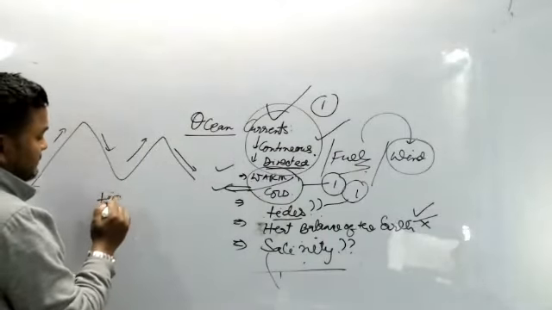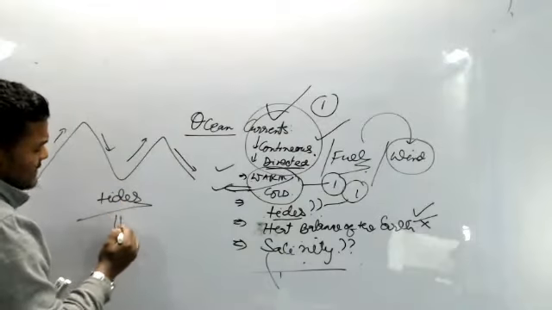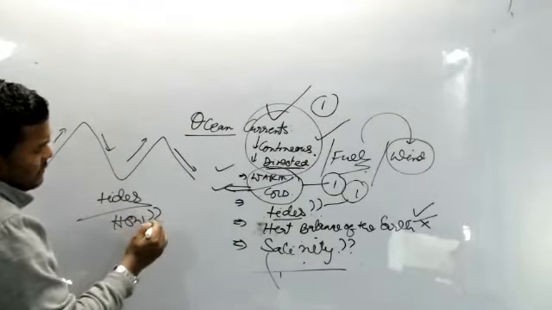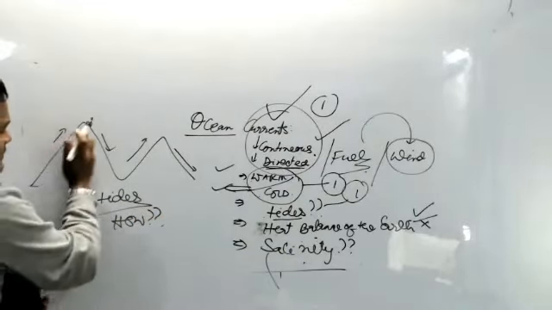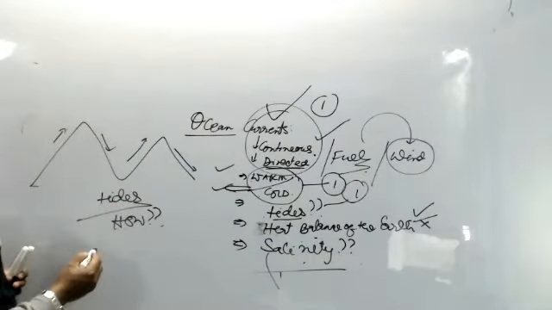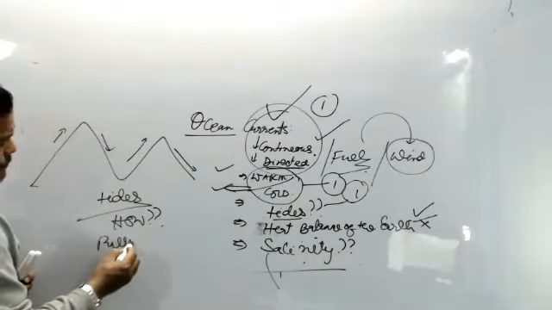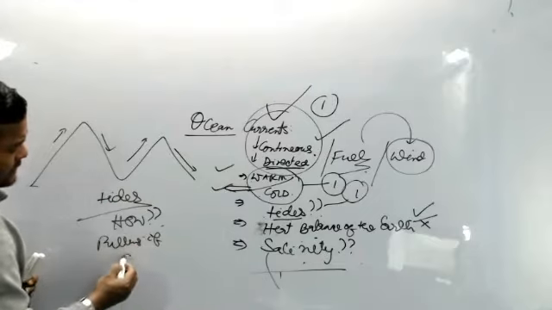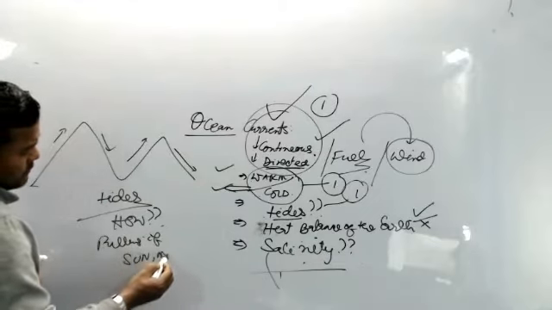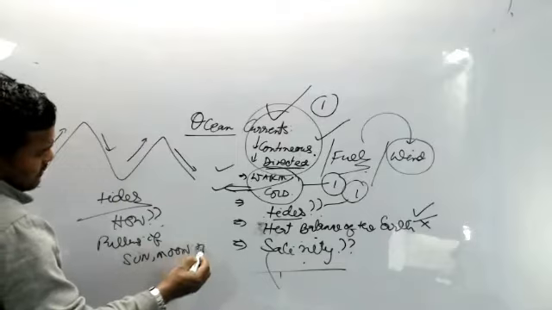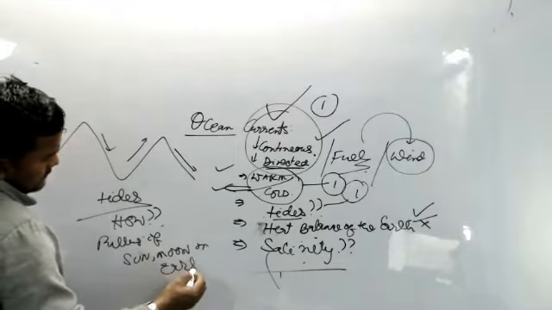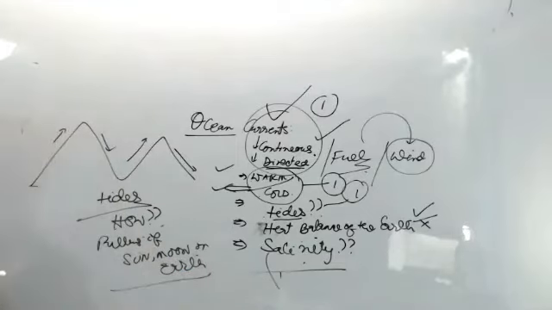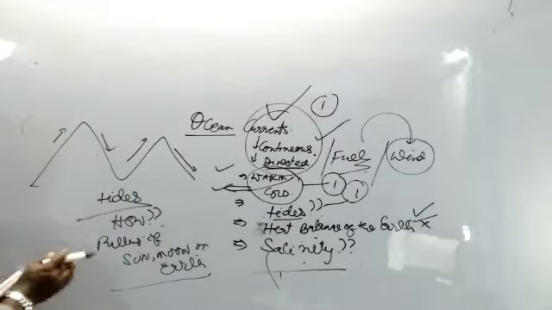How do tides occur? Tides occur due to the pulling of the sun and moon on the earth. This is the reason for tides. Tides may also be caused by different activities, anthropogenic activities, but the main reason is this.